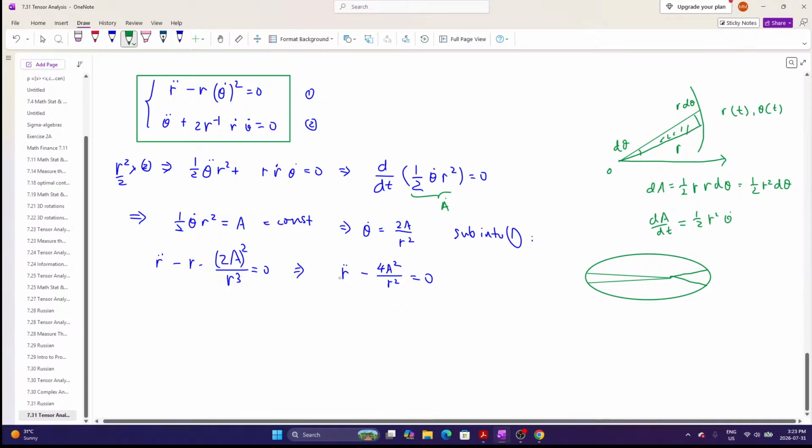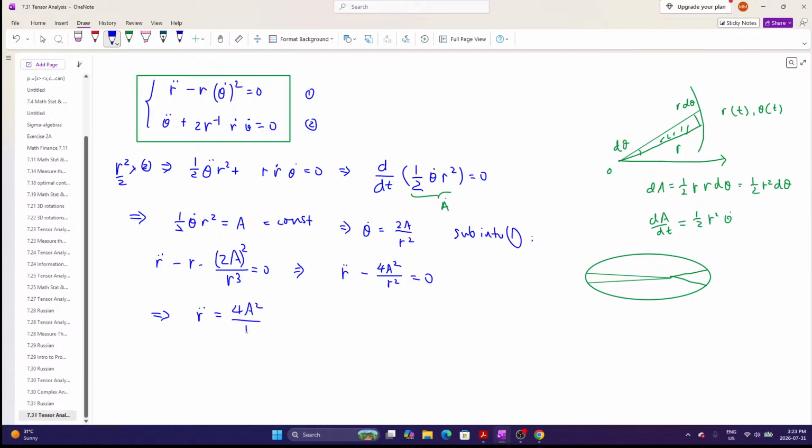because this is a second order differential equation in which the first order derivative is absent. You can use a substitution to do this. It's the equivalent of energy conservation, and here is how it works. You can say r double dot equals 4a squared over r squared.